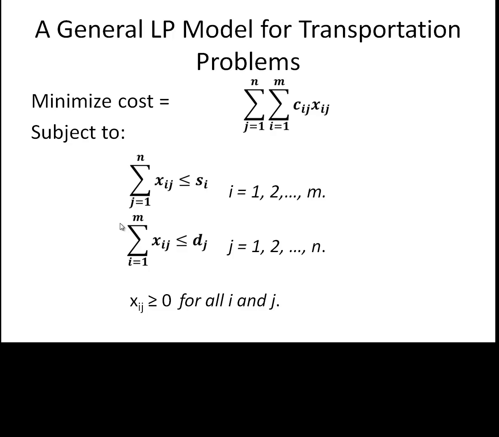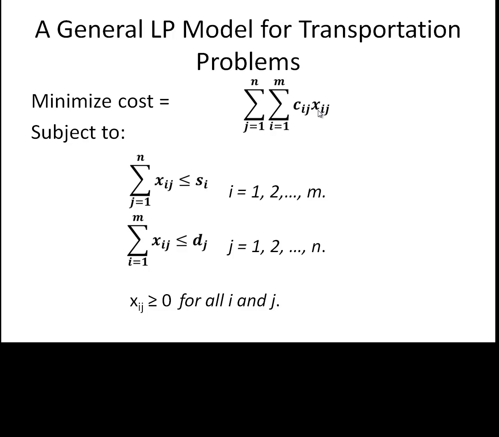Here's what it looks like. Here's our formulation. We want to minimize the cost. In other words, we're going to take each cost value associated with going between each of the cities and add them together. That's all this is saying. Take each one of my costs along each route between the cities.